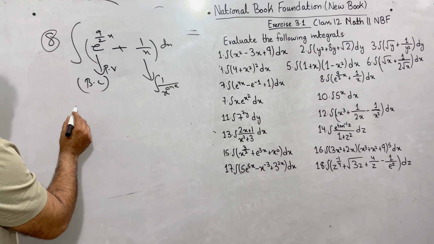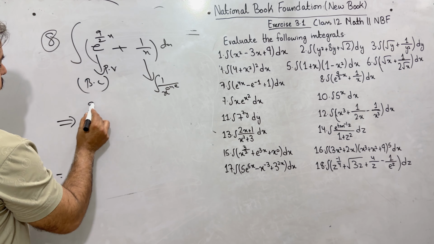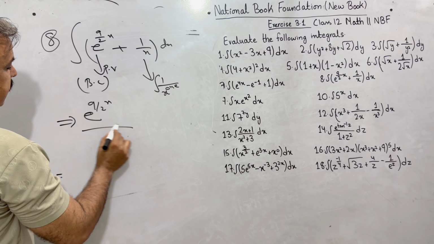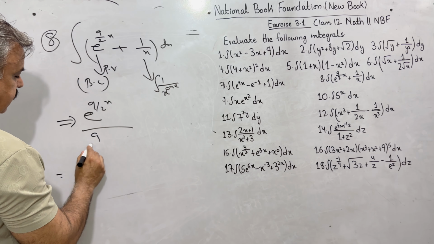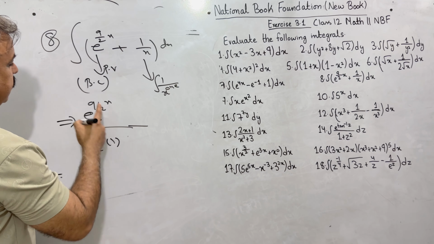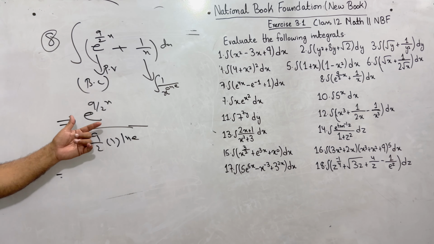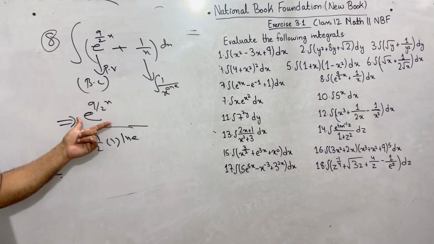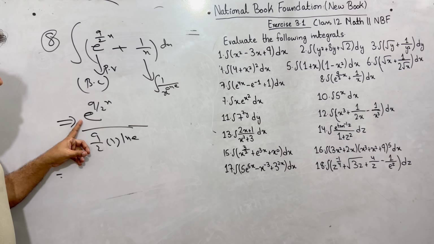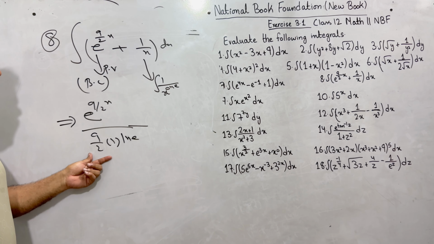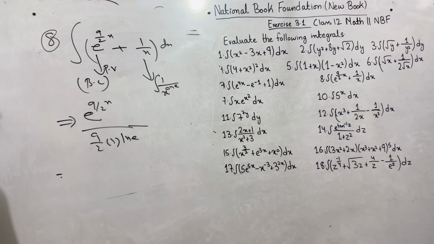You are familiar, I have already told you. Write the same, e raised 9 over 2x, and divide with the differentiation of power. Differentiation of power 9 over 2x means 9 over 2 times 1. Introduce e with ln, ln e. Base constant, power variable, same, divide with the differentiation of power.